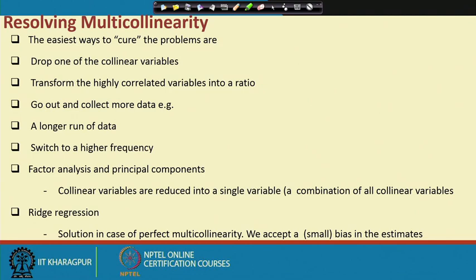For instance, if that particular variable is theoretically very sound and has a strong impact, then you cannot just drop the variable. So you have to find alternative ways to keep that variable, and make sure the model is free from multicollinearity. Sometimes we will go for variable transformations, like log transformations.